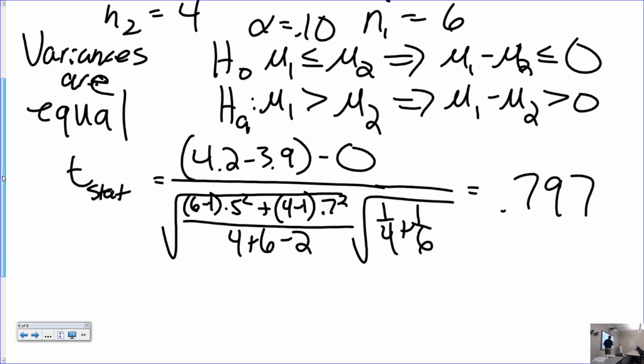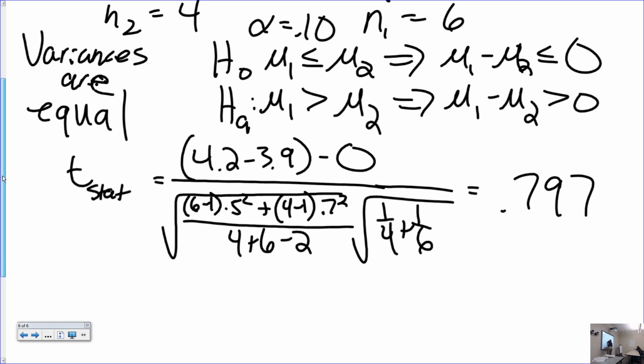Well, the nice part about it is these things you can do. 5 times 0.5 squared is just 1.25. 3 times 0.7 squared is 1.47, right?